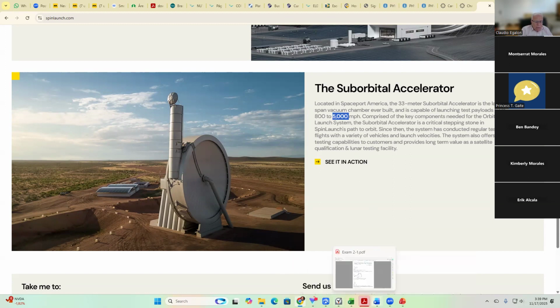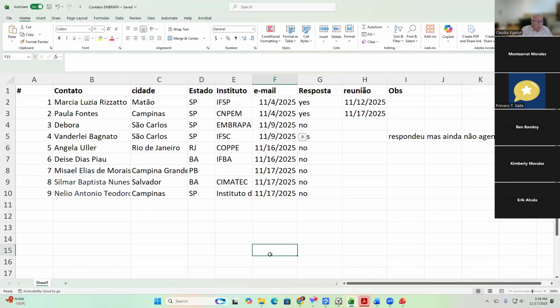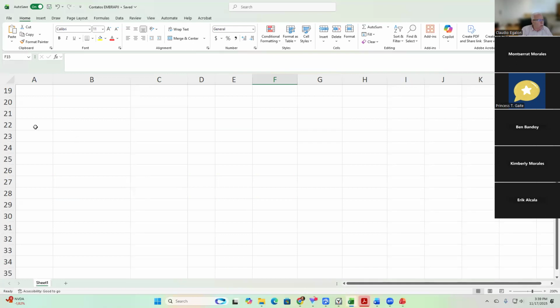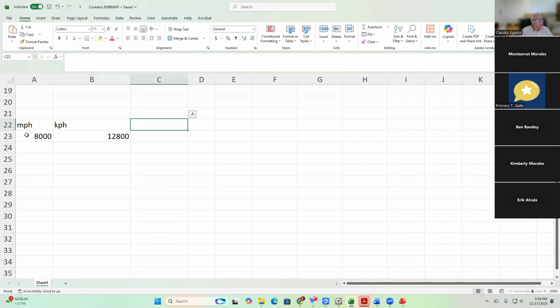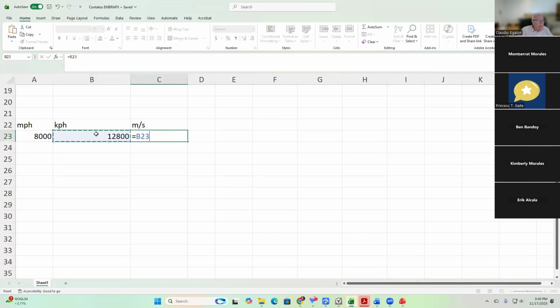Let's do the math. 8,000 miles per hour. To get kilometers per hour, you multiply 1.6 by 8,000, which gives about 12,000. Now, what about meters per second?